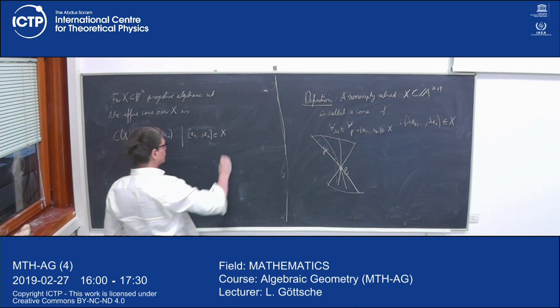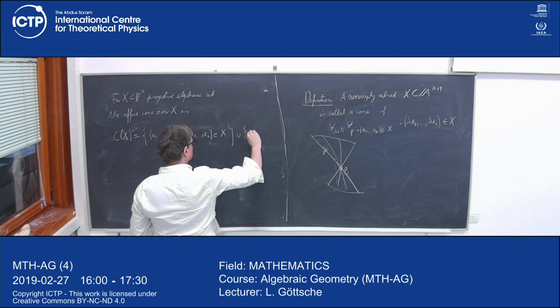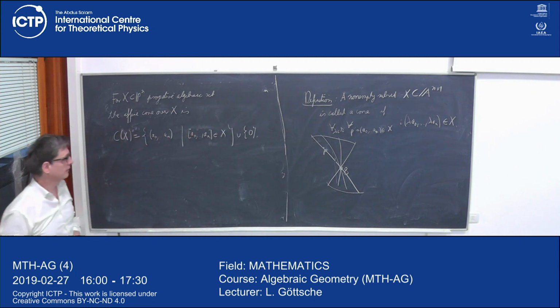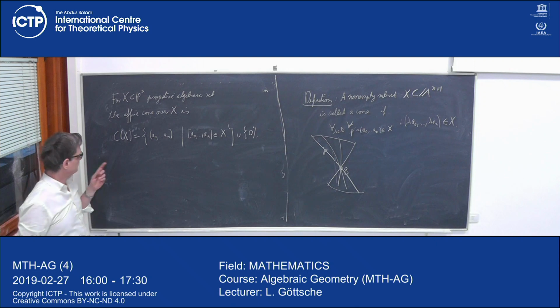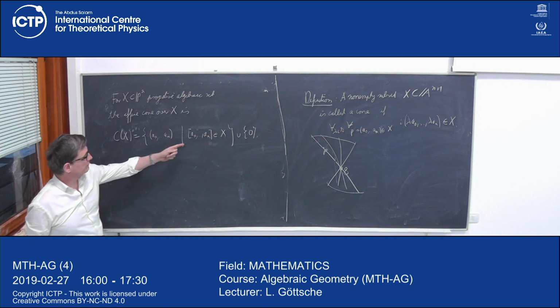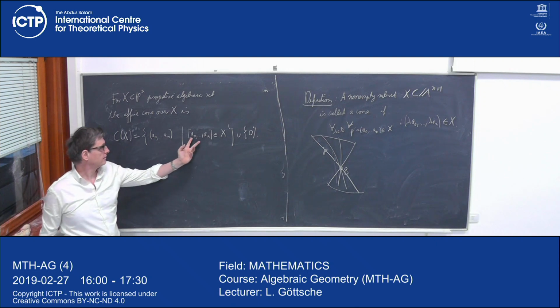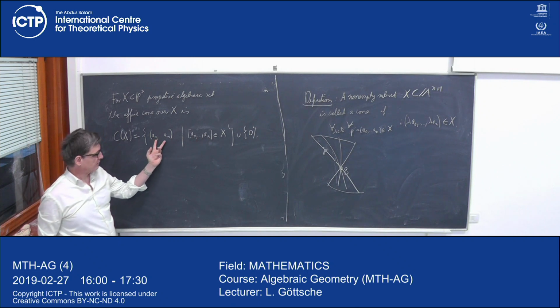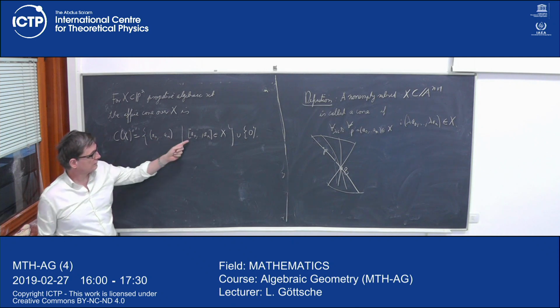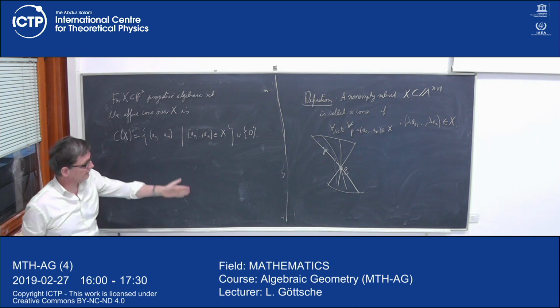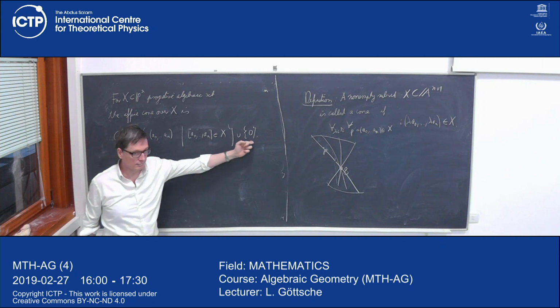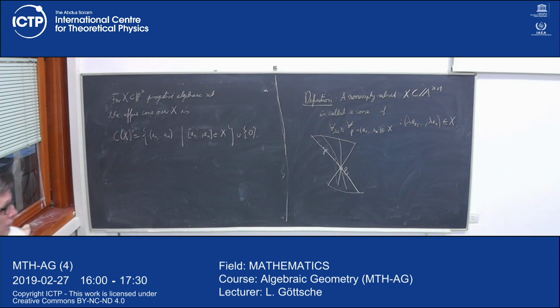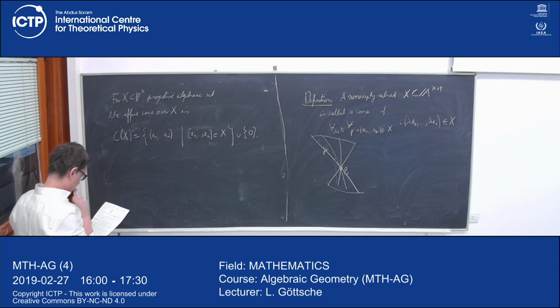To make it into a cone, we add 0. The representatives of a point are all the multiples of (a0, ..., an), so we get the whole line except for the origin, and that we put back. So this is this cone, and this is clearly a cone.